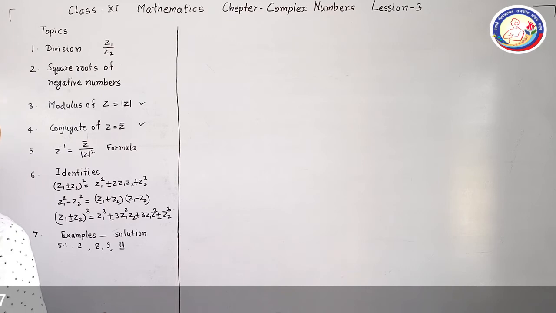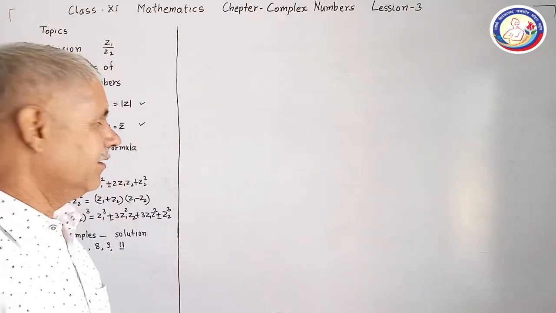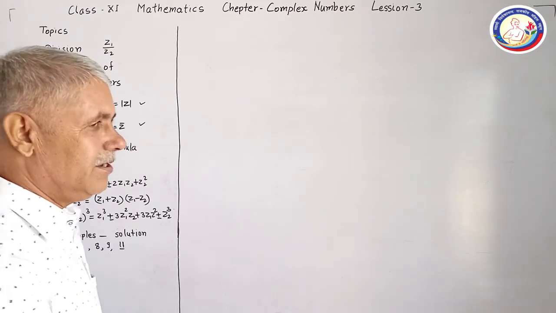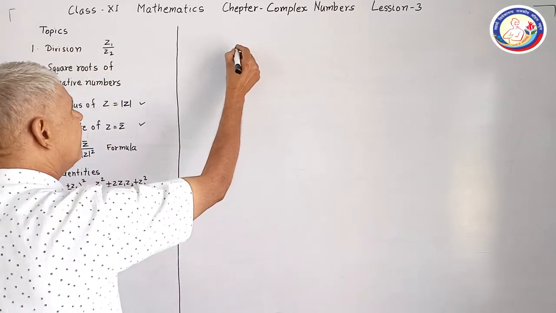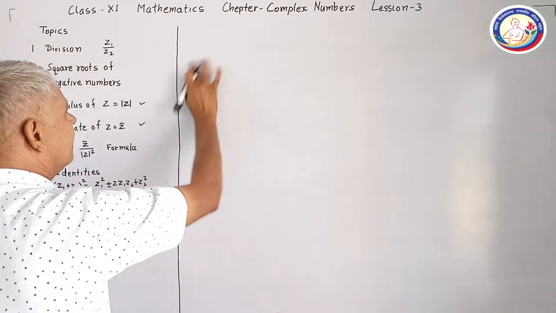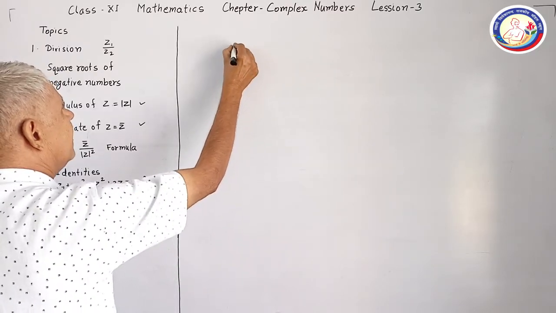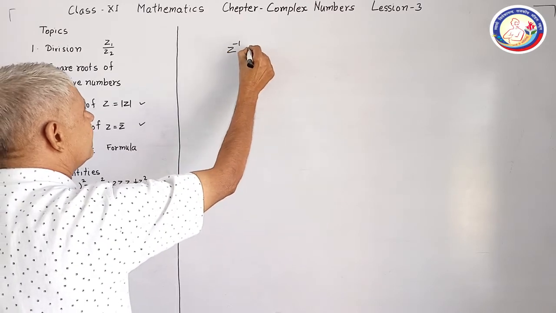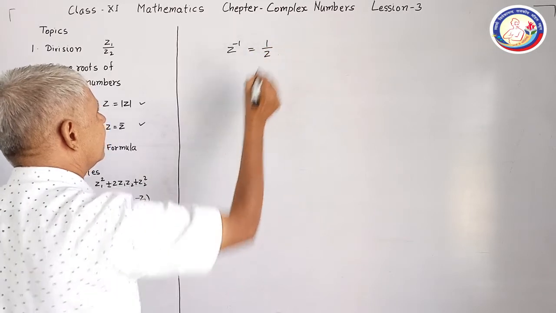Using the definition of conjugate of a complex number, we can determine the inverse of any number. By our definition, z inverse, or inverse of z, is 1 by z.